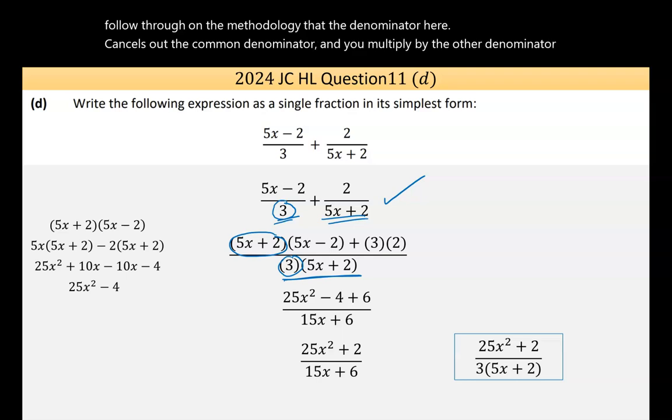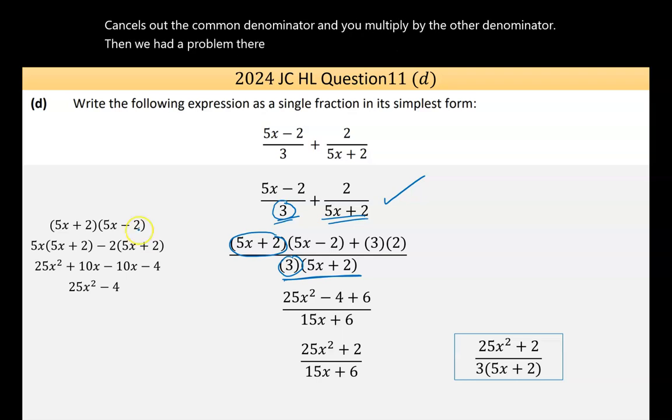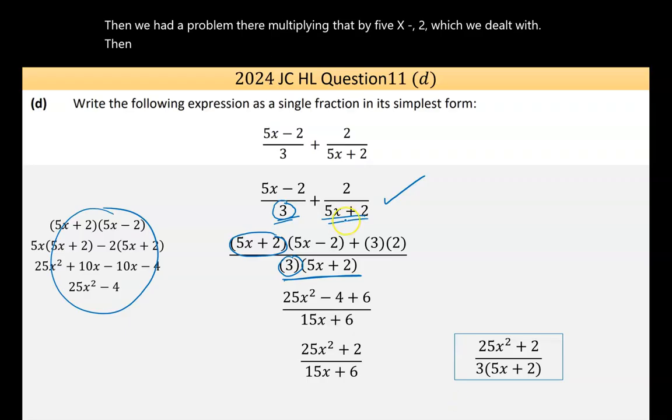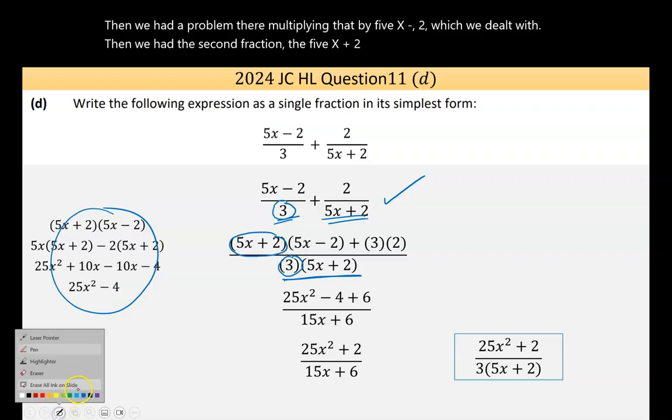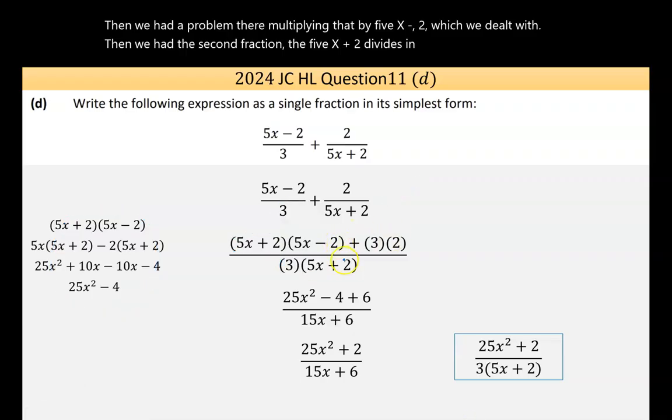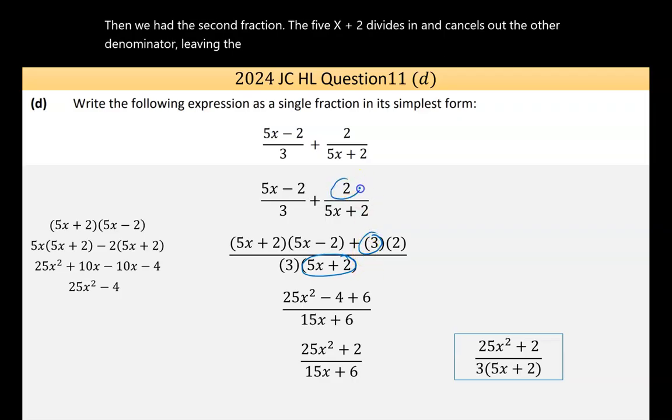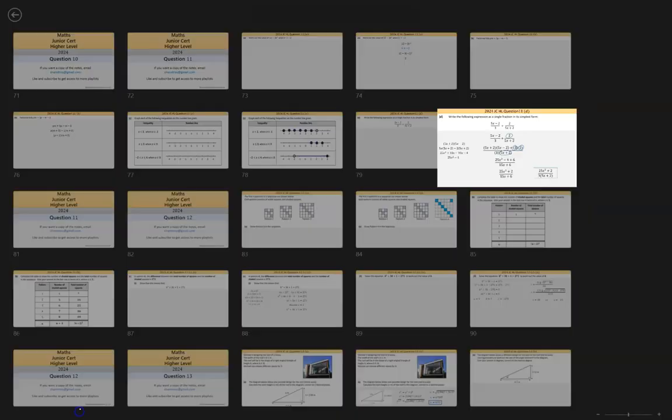Then we had a problem there, multiplying that by 5x minus 2, which we dealt with. Then we had the second fraction, the 5x plus 2 divides in and cancels out the other denominator, leaving the 3, which multiplies by the numerator, which was the 2. Now we had all these other problems then.